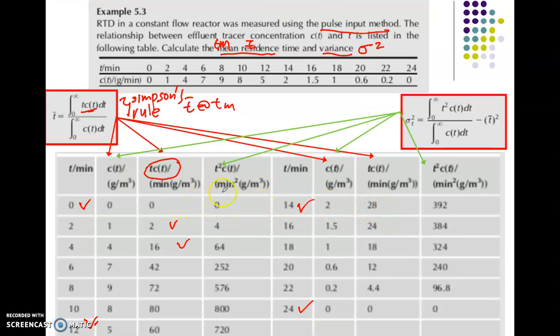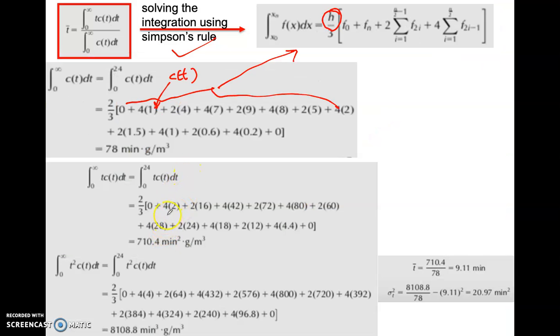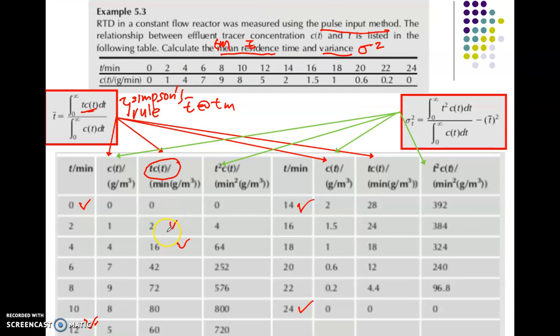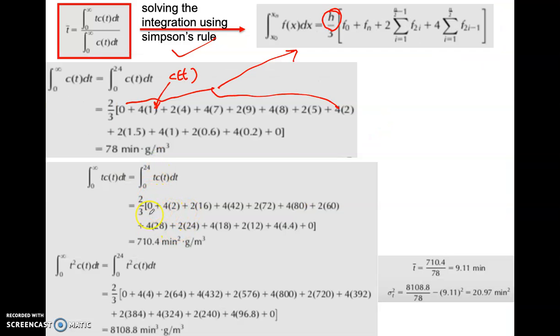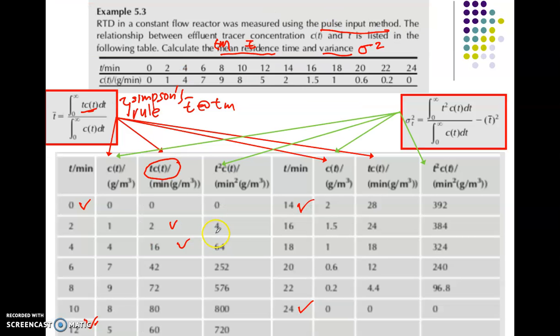For instance, at t equals 2 minutes, your T times CT is 2. So you just solve this one. You refer to the data following this column. This column is for T bar.